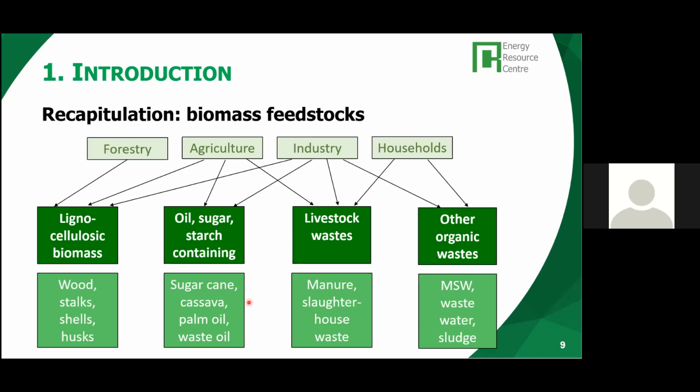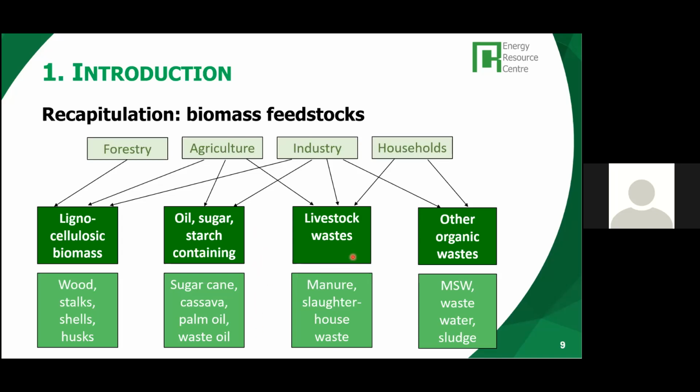Examples are sugarcane, but also sugarcane molasses, for example, cassava residues from starch production. Talking about palm oil, talking about waste oils.